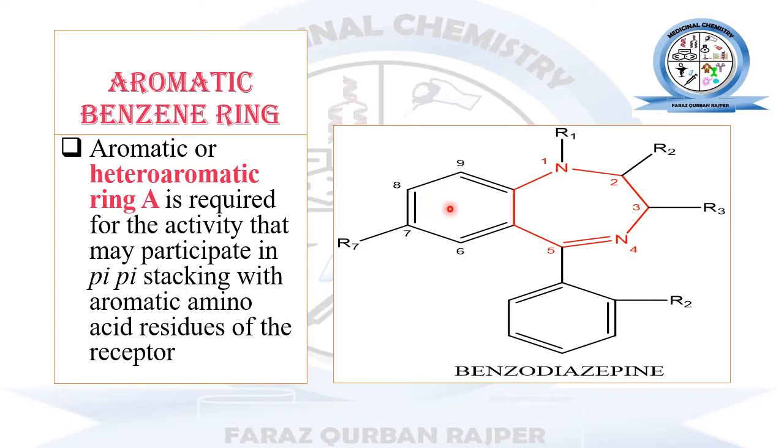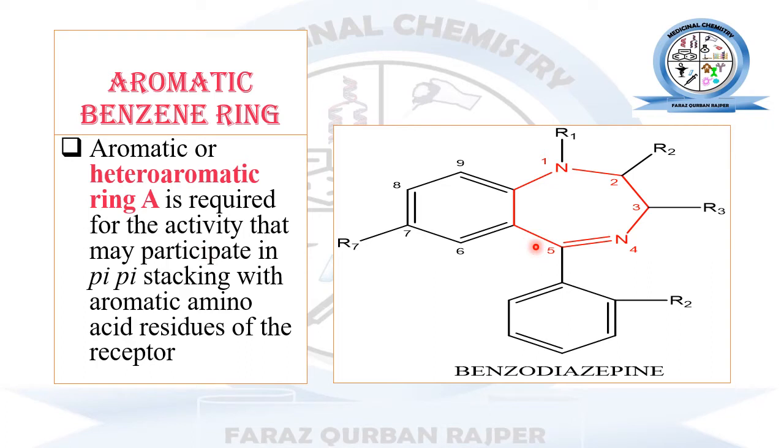This benzene ring and this diazepine ring are essential for the biological activity of benzodiazepine, because to produce its therapeutic effect, benzodiazepine must interact with the GABA receptor, and for this interaction the heteroaromatic and aromatic portion of the ring is involved.